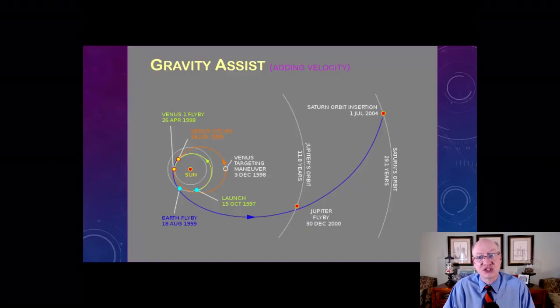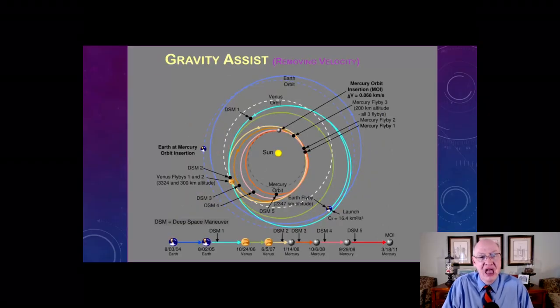These gravity assists can be really quite complicated. For example, the Messenger mission to Mercury. When we wanted to launch a satellite from Earth to get to Mercury, it turns out we didn't have a rocket that had enough delta V to get the spacecraft directly onto a Hohmann transfer orbit to Mercury.